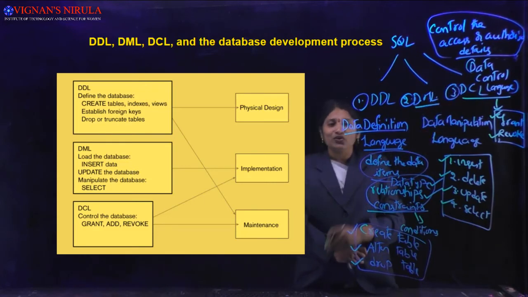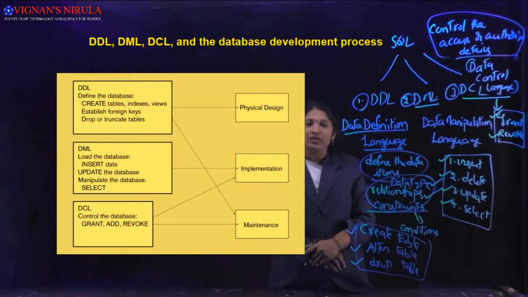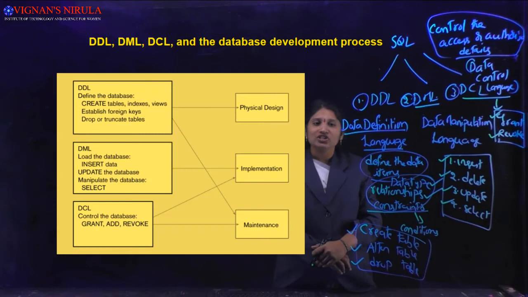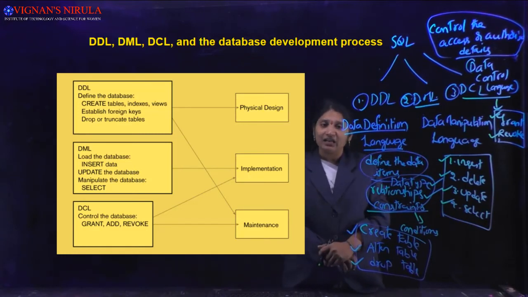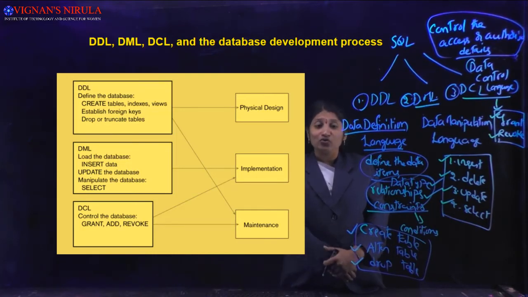And under the category of DCL, we have two commands, grant and revoke, which can be used to grant or to revoke the access permissions of a certain group of users to the data items that exist within your DBMS. So now we are going to see in detail the syntax of these various types of commands, as well as how those commands are executed and what their effects are, including examples.